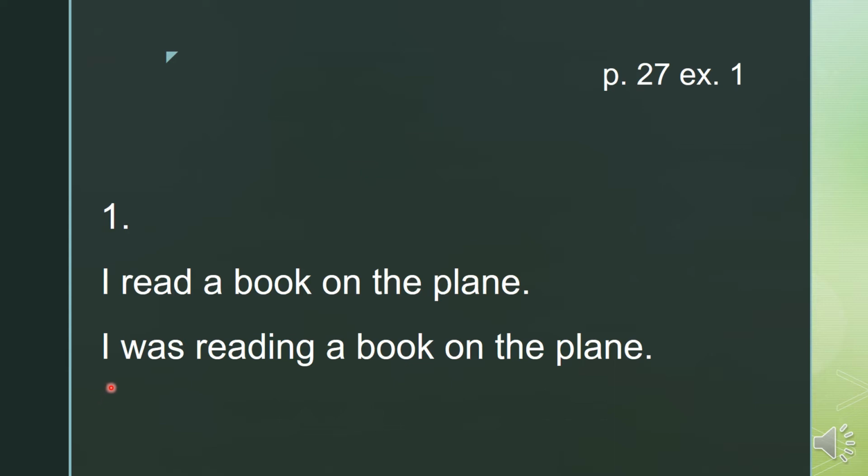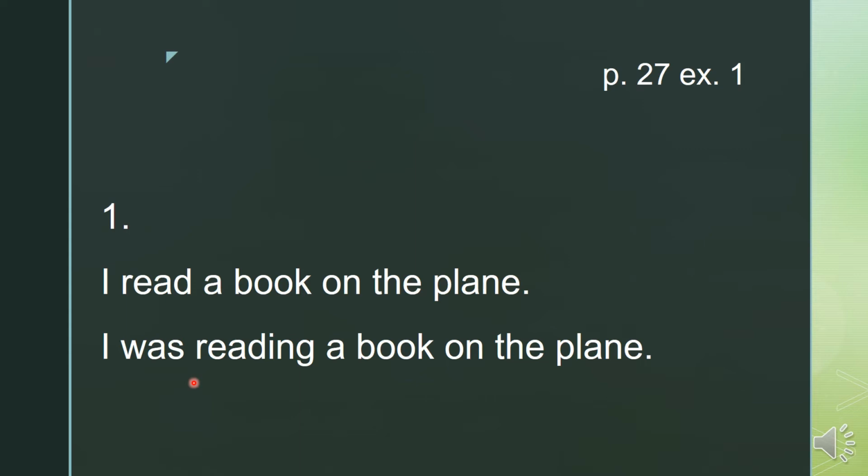Now, look at the second sentence. I was reading a book on the plane. Past simple? No, we have was reading, past continuous. So this is describing an action that was in progress. Now, when you see a sentence like this, it probably comes in the context of other related sentences.